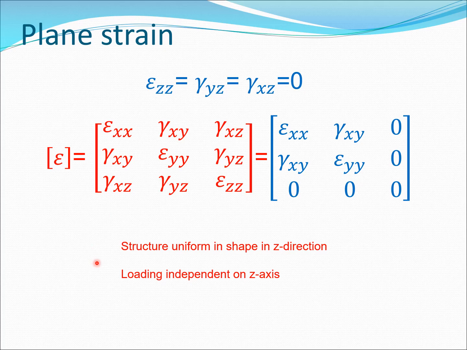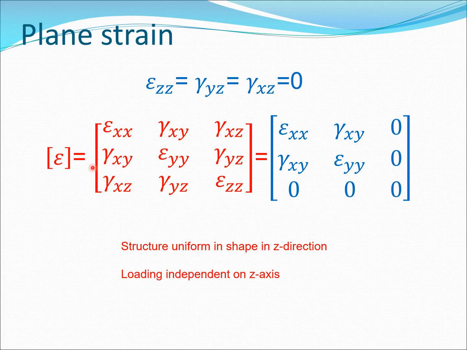So this happens in cases, for example, if the structure is uniform in shape in the z direction, the loading is independent of the z direction, and also there is some kind of restraint which is put on the structure. So what will happen then is that the terms here involving gamma xz, gamma yz, epsilon zz are going to be 0, and these terms are also 0.